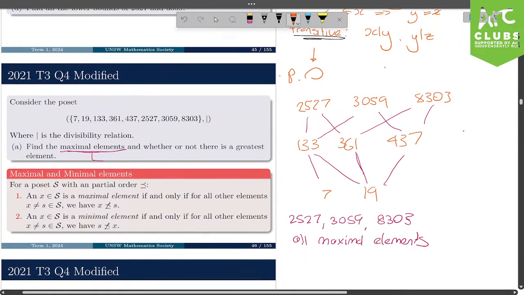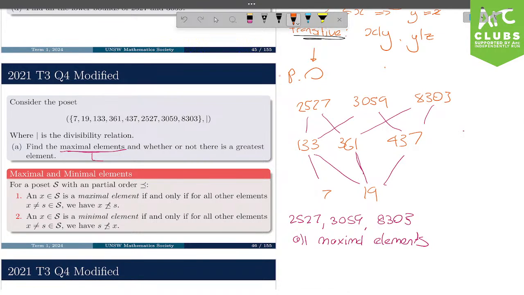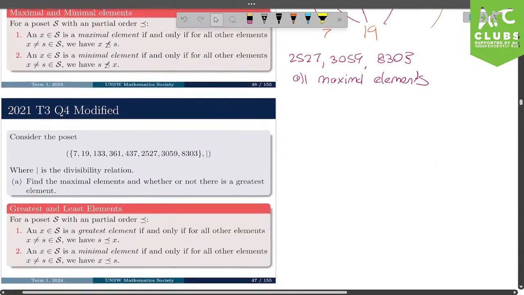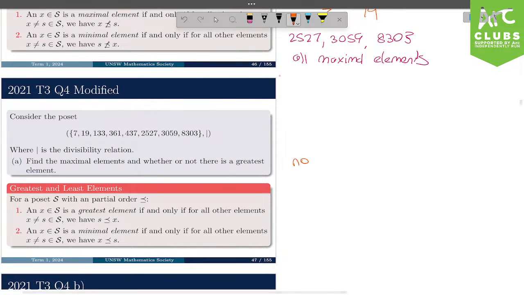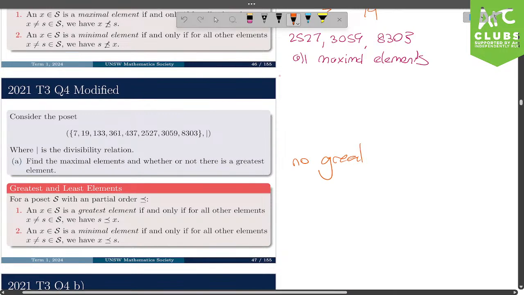For example, 2527 is not a divisor of 3059, and 3059 is not a divisor of 8303, and 8303 is not a divisor of 2527. So none of these top ones are greatest elements. We also note that none of the others are greatest elements since they're not even maximal elements. So we can confidently conclude that we have no greatest elements.